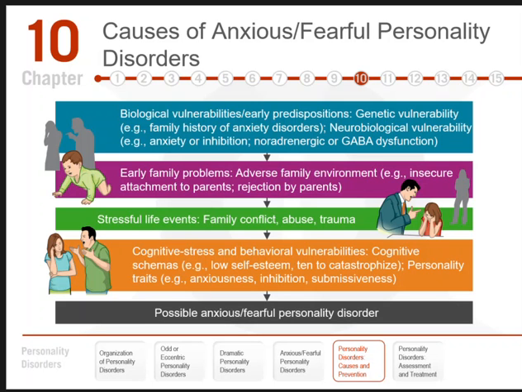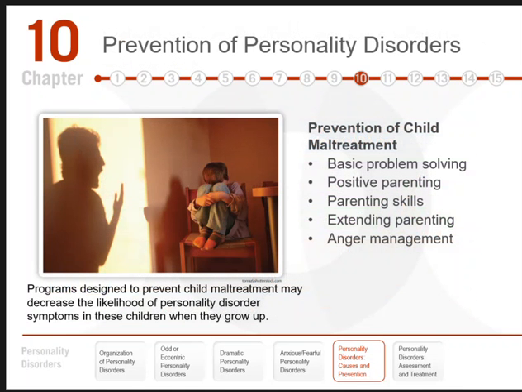You can pause this and look at these longer if you want to. So preventing child abuse is probably going to improve attachment disorder as well, and on adult personality disorders when they become adults.